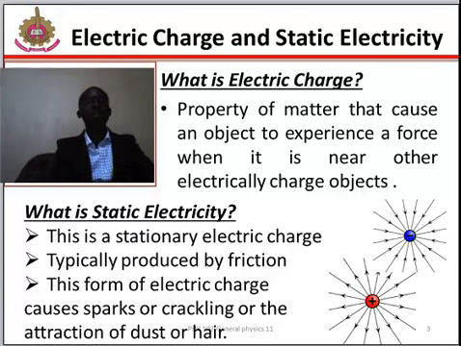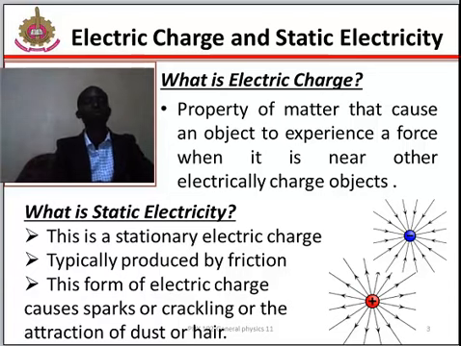For example, if you rub your shoes as you walk along the carpet, you might experience a build-up of charge in your body. If you touch a door handle or someone else, you might see a small electric spark. This spark is a result of the stored charges on your body. So you should be cautious of static electricity, especially in dry climates, in order to avoid electric shock.